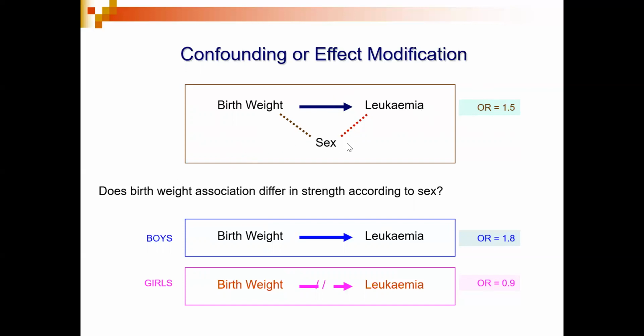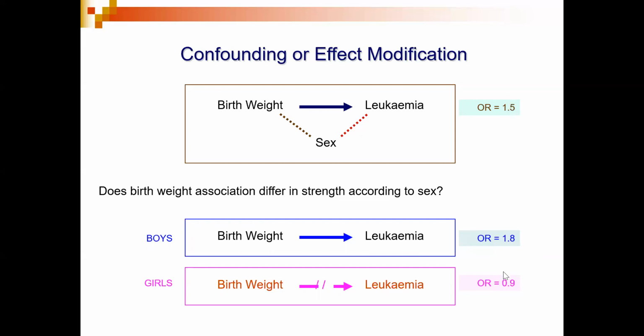So if we have got this state variable, what do we do? We stratify according to it, so we have boys and girls. In this relationship between birth weight and leukemia, the association for boys is 1.8, and the association for girls is 0.9. We are going to discuss this and show you a good example.